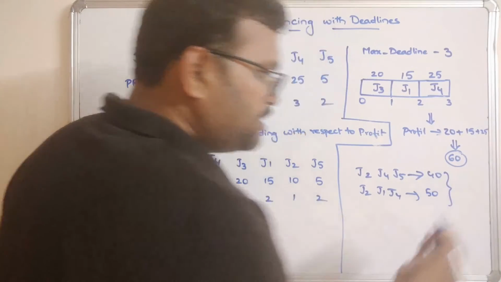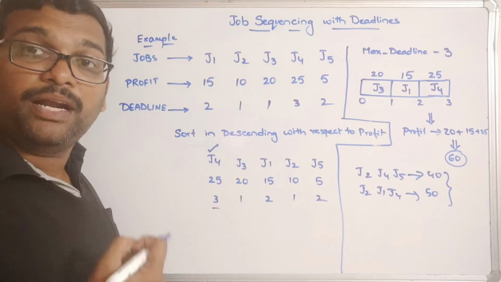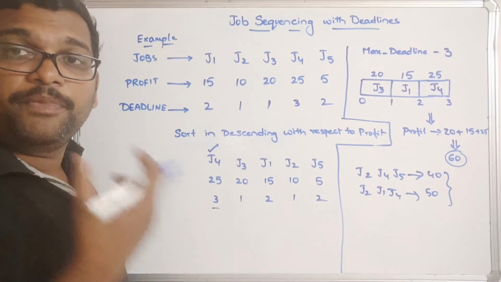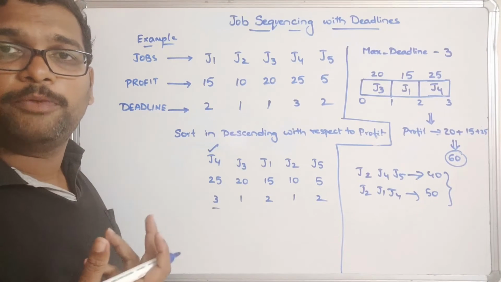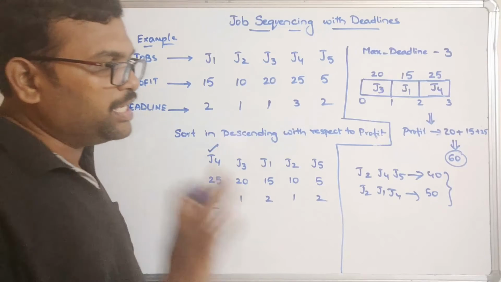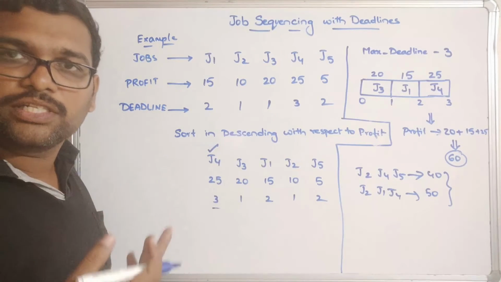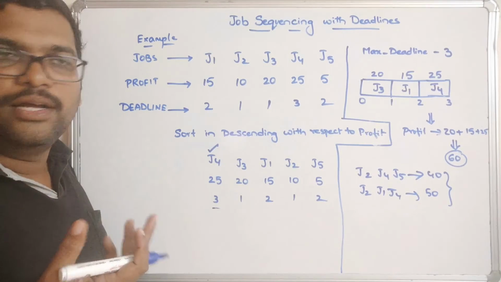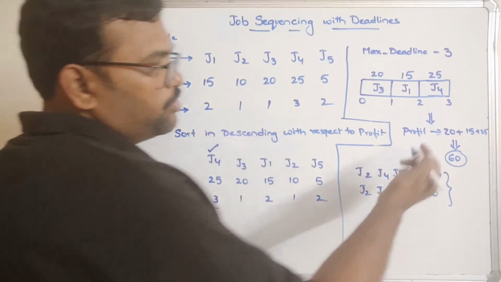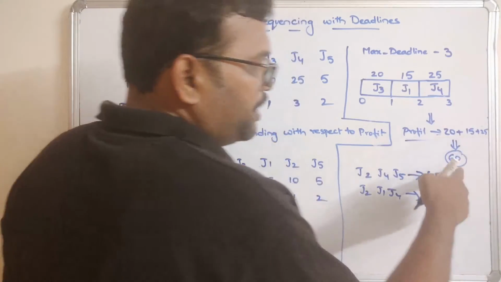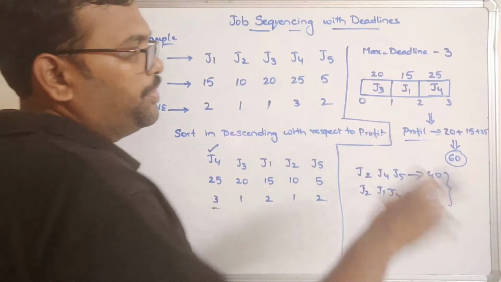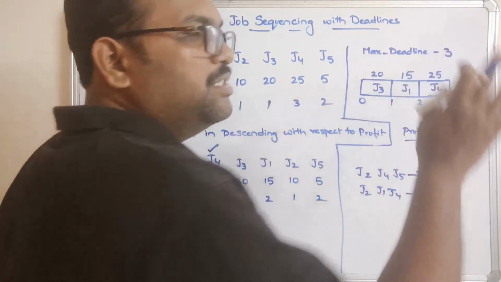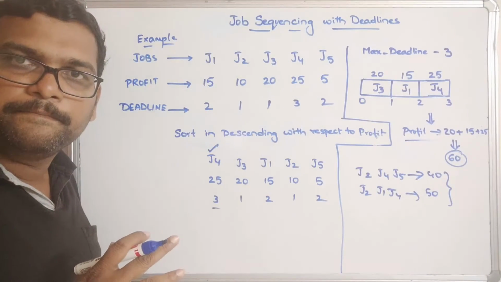So in both the cases we will get the profit, but the constraint is getting the best solution or optimal solution. Constraint is the highest cost, okay, with a high cost. So for that we have done. So the high profit is 60 by executing J3, J1 and J4, 3 jobs.